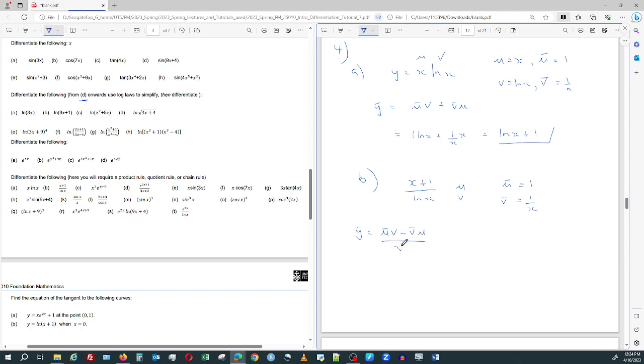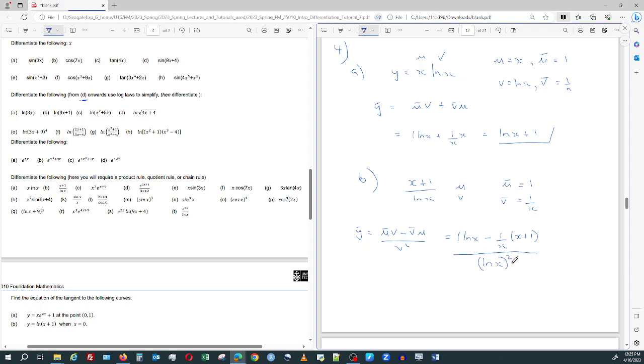over v squared. So we'll get 1 times v as before, minus 1 over x times x plus 1, all over v squared, ln of x all squared.